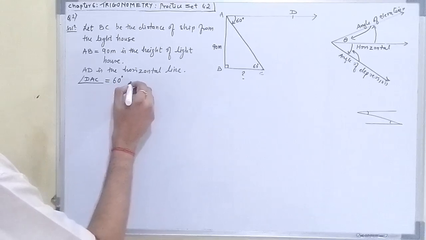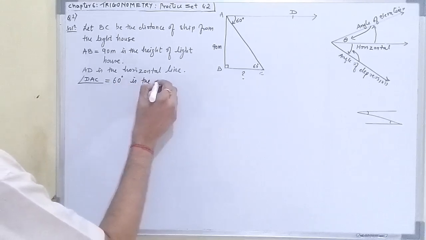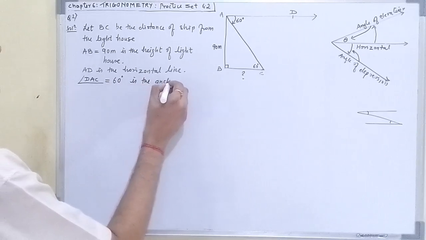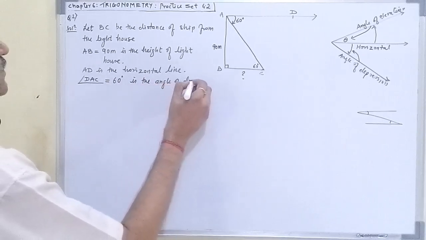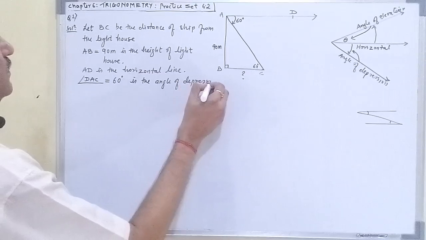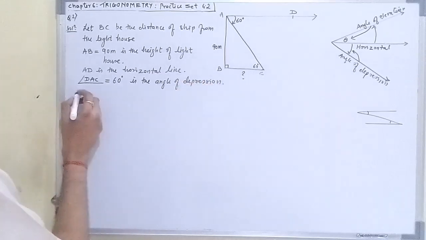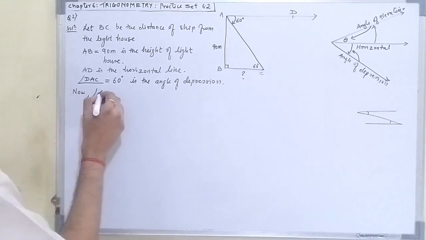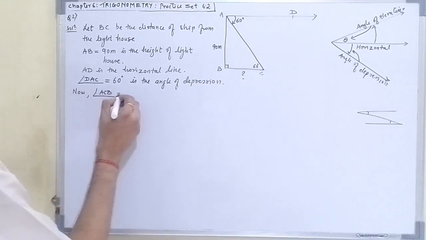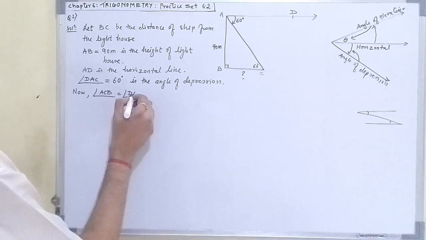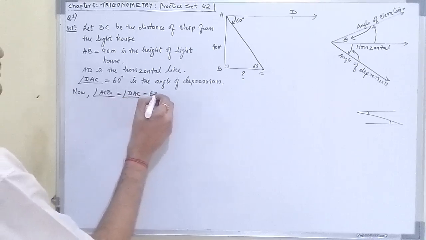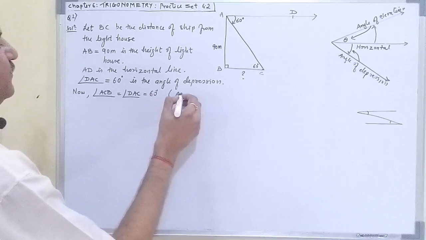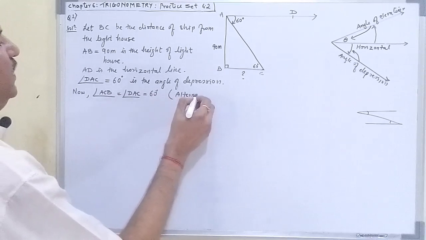This is the angle of depression. Now, angle ACB equal to angle BAC equal to 60 degrees. Alternate angles.